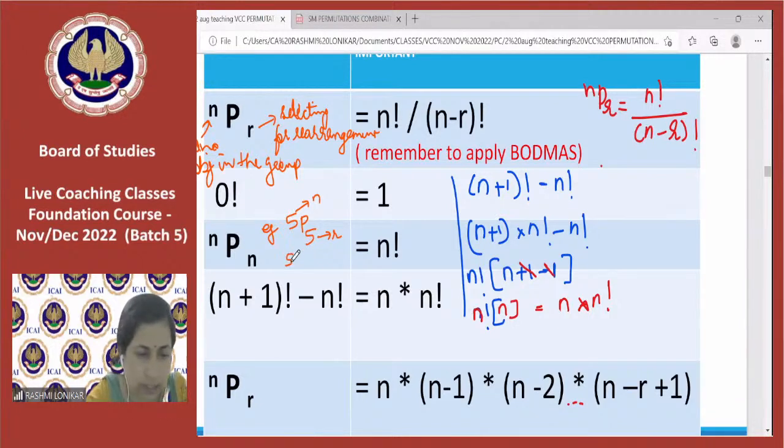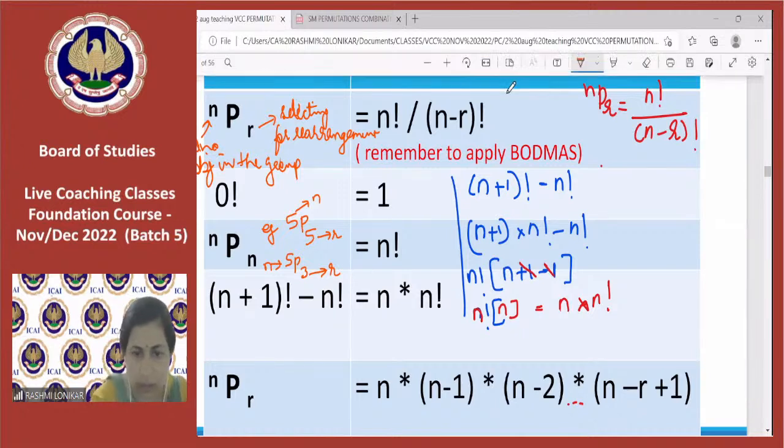Then we will write it as 5P3, where this 5 will be the n and this 3 will be the r. Then this we already know, n plus 1 factorial minus n factorial is equal to n into n factorial.